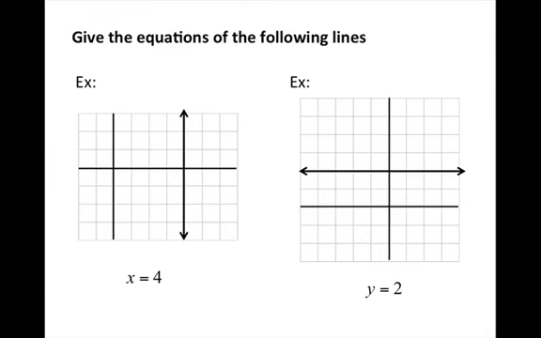Vertical lines are x equals and horizontal lines are y equals. Next, you determine the number. The number is based on where that line crosses the axis. Since the first example crossed the x-axis at 4, I use the number 4. Since the second example crossed the y-axis at 2, I use the number 2.